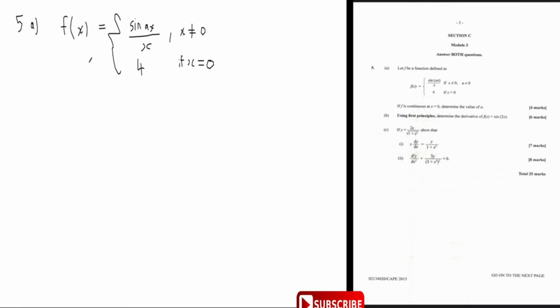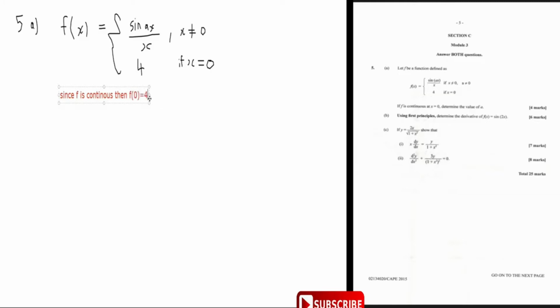And they said now, find the value of a if the function is continuous. All right, so what we can write is, since f is continuous, then we know that f of 0 is equal to 4.